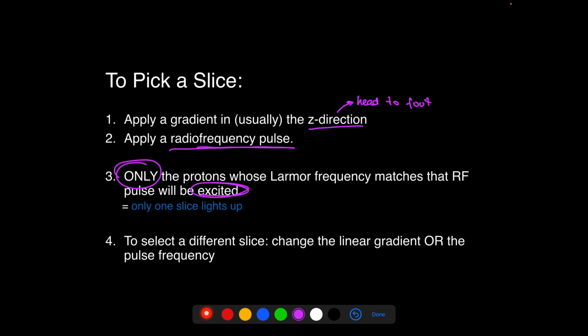In other words, only one thin slice of tissue lights up and gives a signal, and this is our selected slice. So if we want a different slice, we can either change the linear gradient or change the pulse frequency. That way, we can move the slice up or down through the brain and get the MRI scan that we saw in the previous slide.